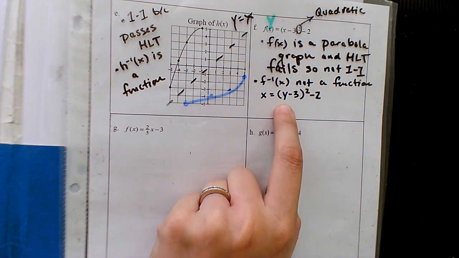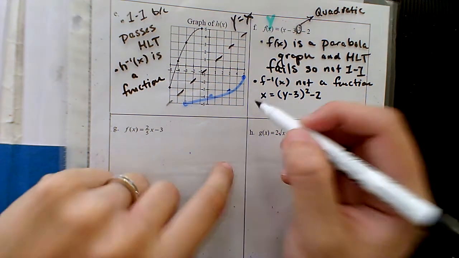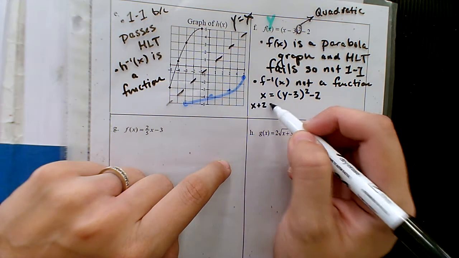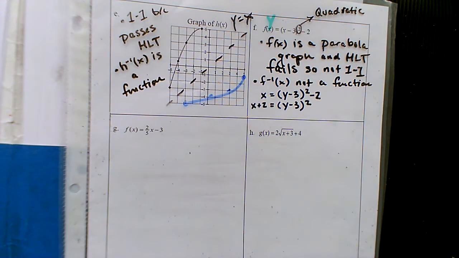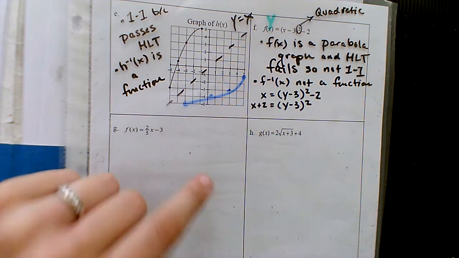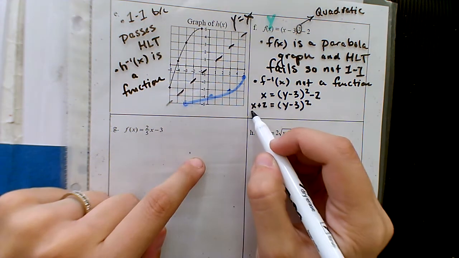So how do you feel like getting that y variable all by itself? Yes, Lucas? Add the 2. All right, so x plus 2. Can we keep going? Square root both sides. Okay, so when you square root both sides, what else do we need? Have we seen the plus or minus before? Yeah, whenever you square root both sides, we need a plus or minus.